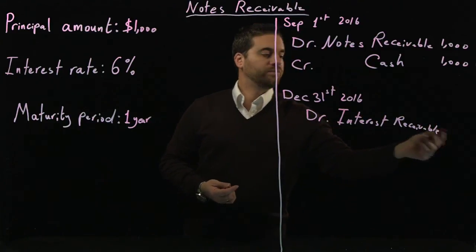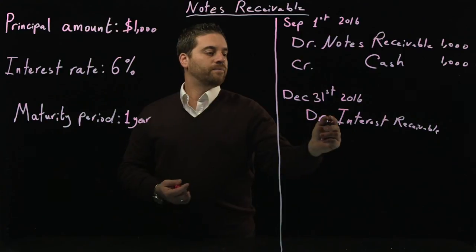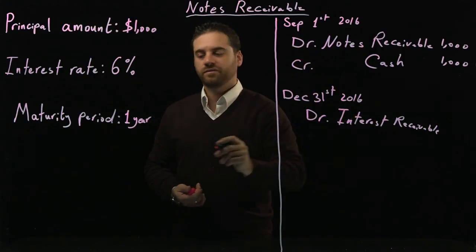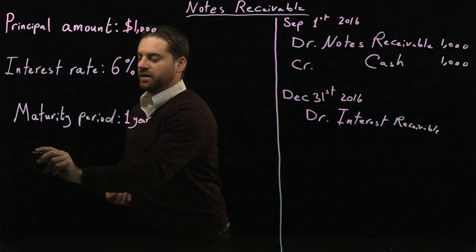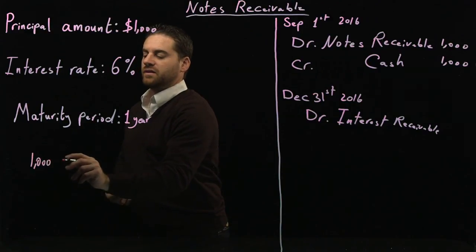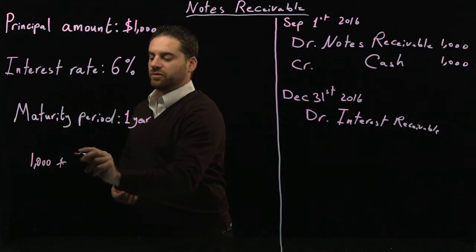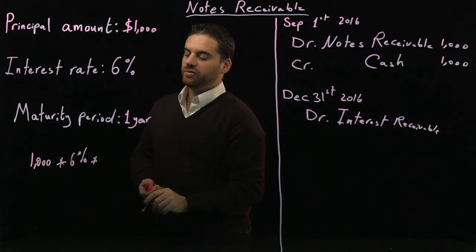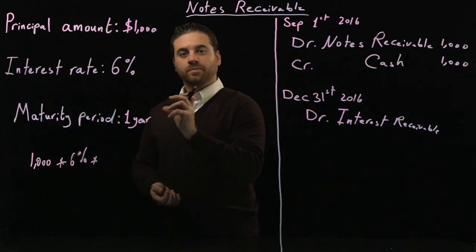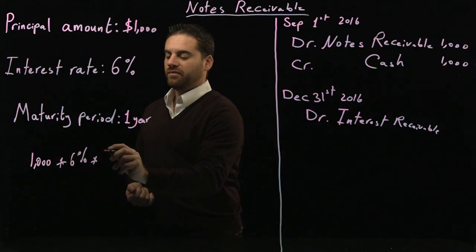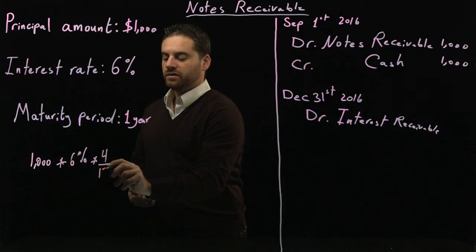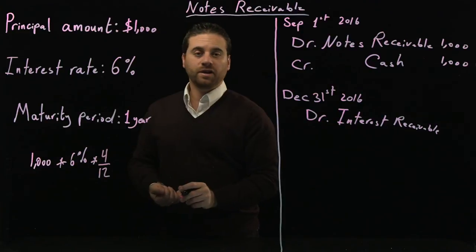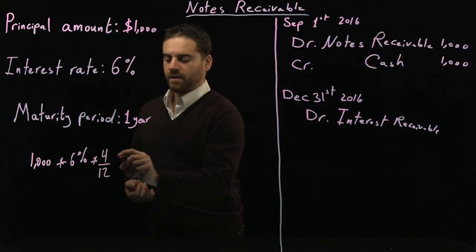Okay, and then we need to do our math. So interest receivable for 4 months between September 1st and December 31st. This is how we calculate it. The principal is $1,000. We multiply that by the interest rate, which is 6%. And remember, this is an annual interest rate, so we have to take a portion of the 6%. So we multiply by 4/12, or you can do 120 over 360.